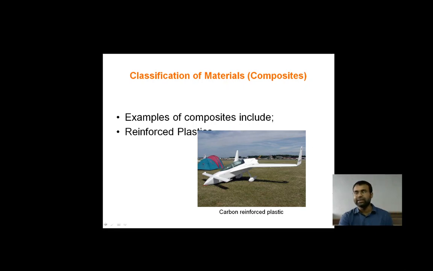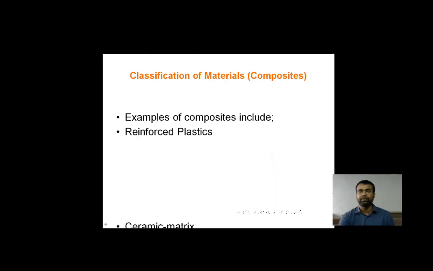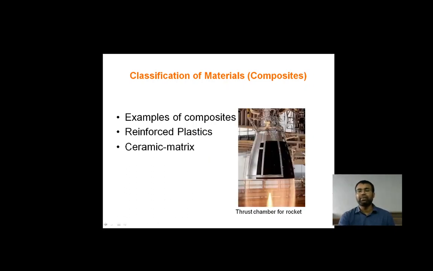If it is lighter in weight, we require less fuel or less power to fly this kind of component. So that's why composite is playing a very vital and important role in flying this kind of machine. And these are the ceramic matrix, the thrust chamber for the rocket.